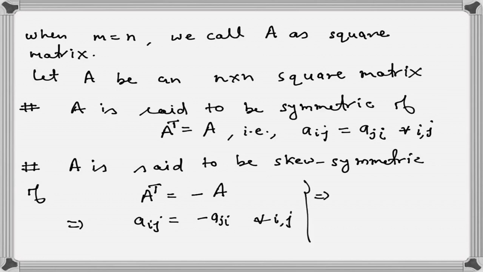This implies aii is equal to minus aii, which implies aii is equal to 0 for all i. So this implies the diagonal entries are zero.